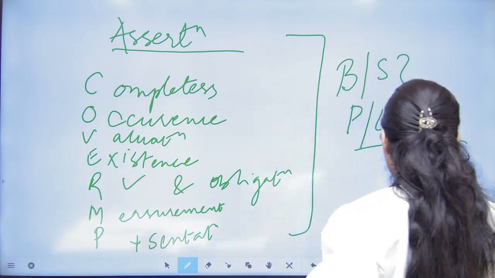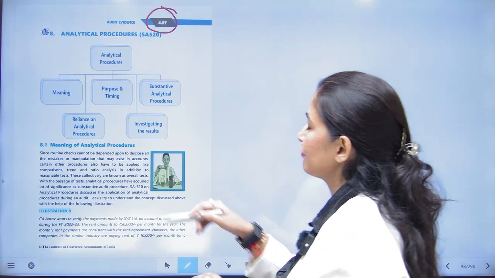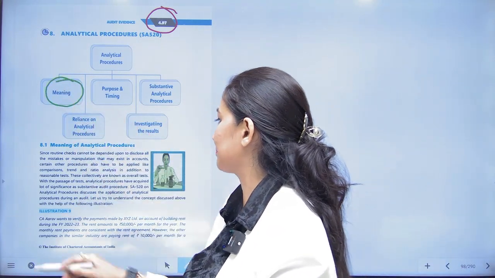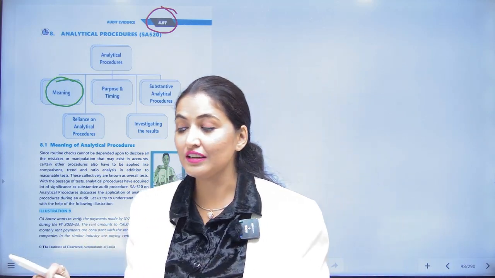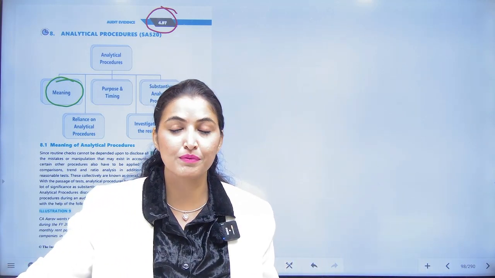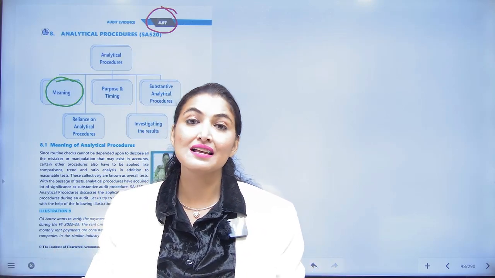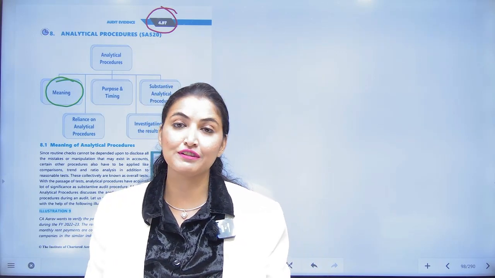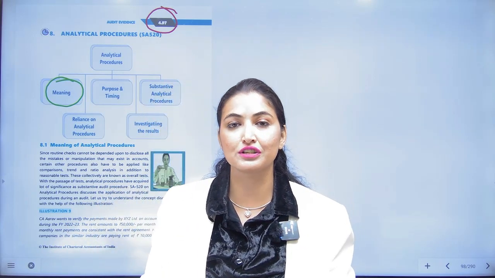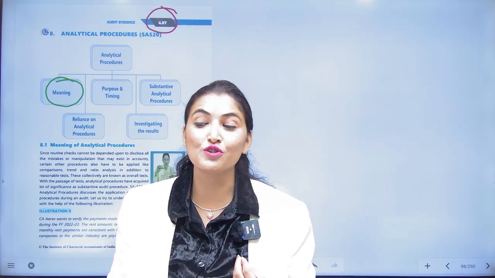So what all things are to be read in substantive analytical procedure? First of all, it says what is the meaning of substantive analytical procedure. The meaning is very simple, wherein you try to establish a relationship between the financial and non-financial things. It's called substantive analytical procedure. There's a plausible relationship between the financial information and non-financial information. What is plausible? Some kind of information which you can believe.